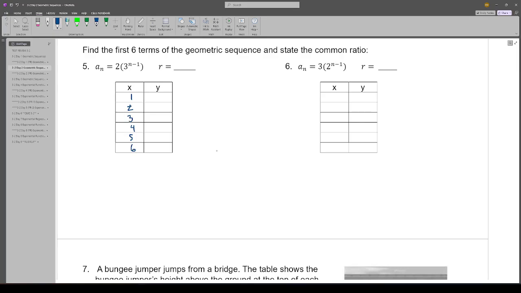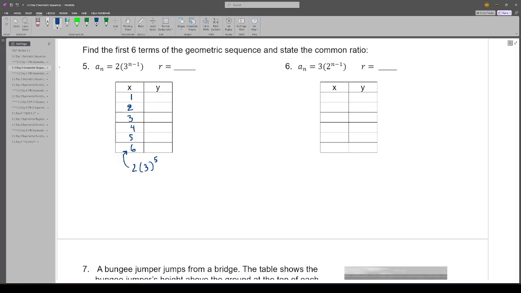So as a reminder, if we did want to use this explicit formula and not go one by one, then we could jump directly to term number 6, by doing 2 times 3 to the 5th power, because we plug in 6 up here where it says n minus 1, and we end up with 3 to the 5th. What is 3 to the 5th?